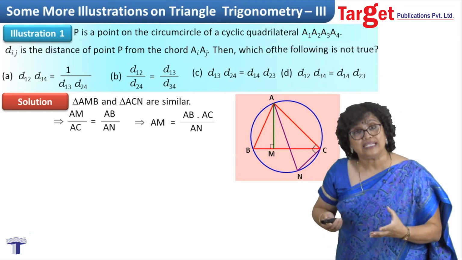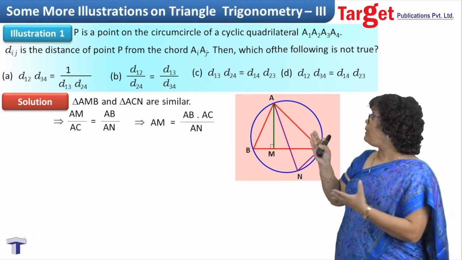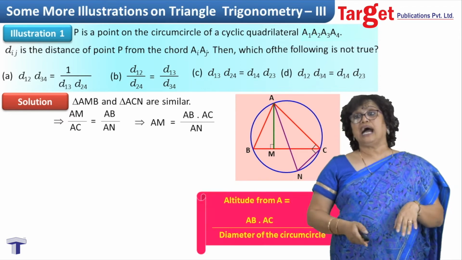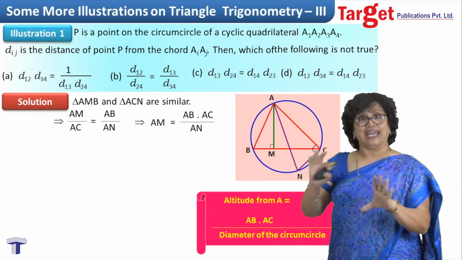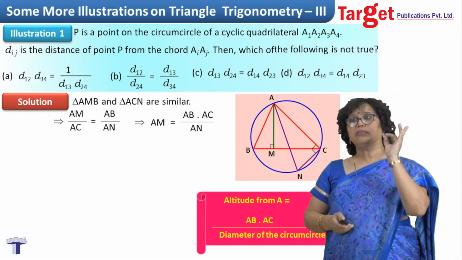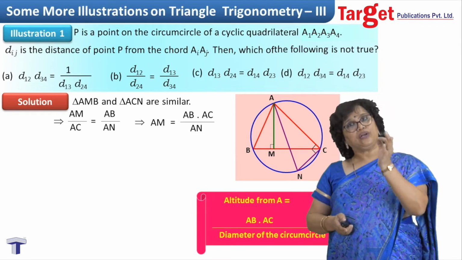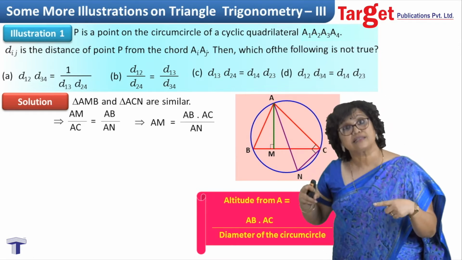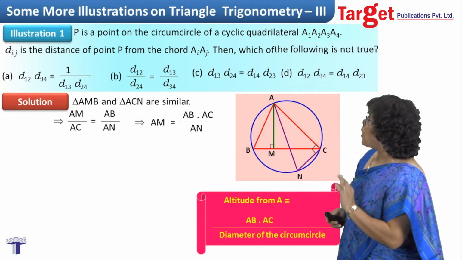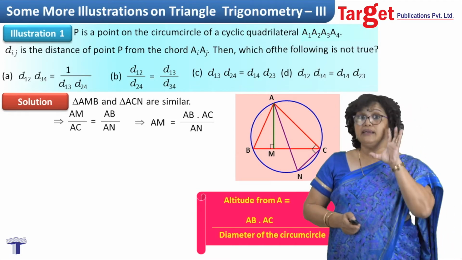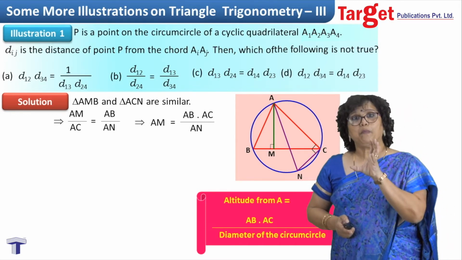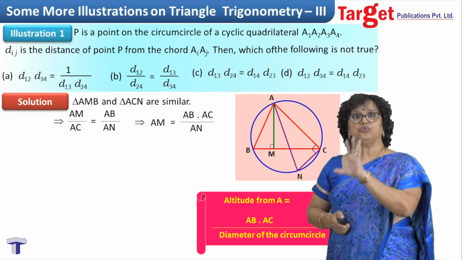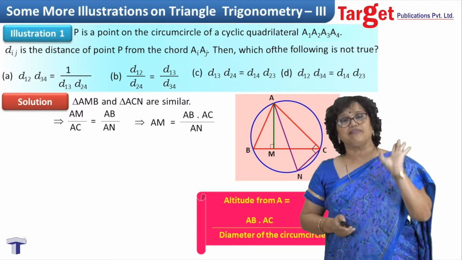So, instead of writing it as AM equal to AB into AC upon AN, I write it in words: the altitude from A is the product of the 2 sides starting from vertex A, upon the diameter of the circumcircle. This idea I propose to use towards the given problem.